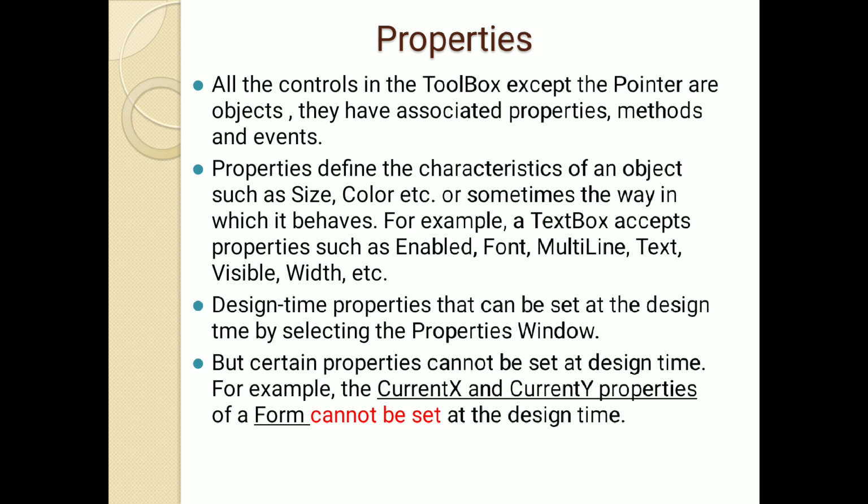Properties define the characteristics of an object, such as the size, color, enabled, or font style. For a text box, if you want to disable or enable it, or edit its width and height, these are all properties of the text box or other objects.